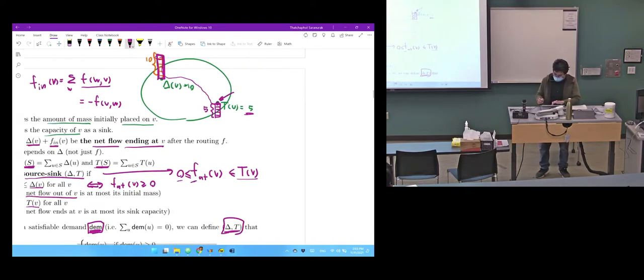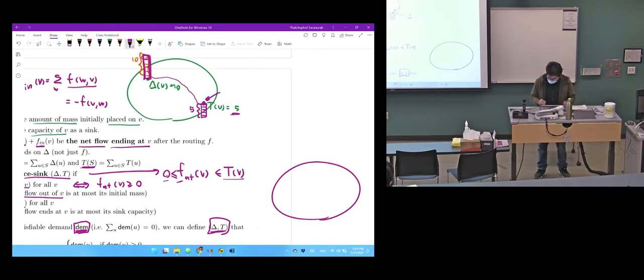When you have the demand, there are a bunch of nodes that have positive demand and a bunch of nodes that have negative demand. You can think of this as a source and this as a sink. You want to send the mass from the plus nodes to the minus nodes.